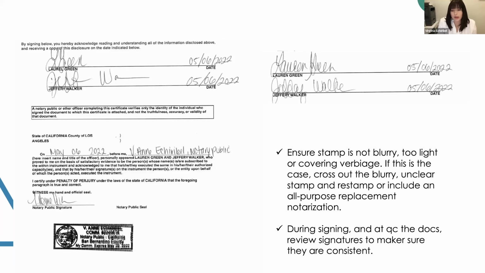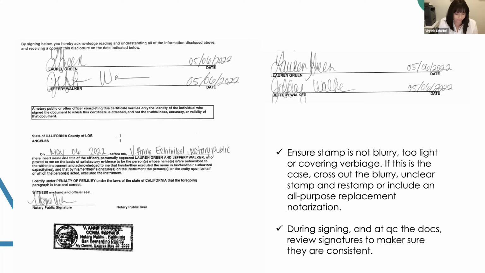Or if you just don't like the way that looks and you want to be extra safe, you want to include an all-purpose replacement notarization, right? So that's why in your notary bag, and if you're a new notary, you might not know this yet, you print out all-purpose notarizations from your state, right? And if you're wondering, where do you get those?